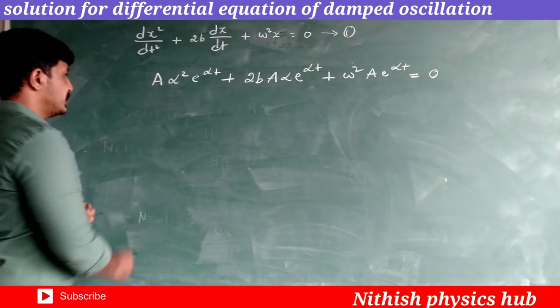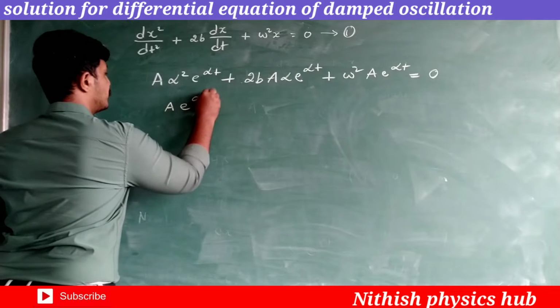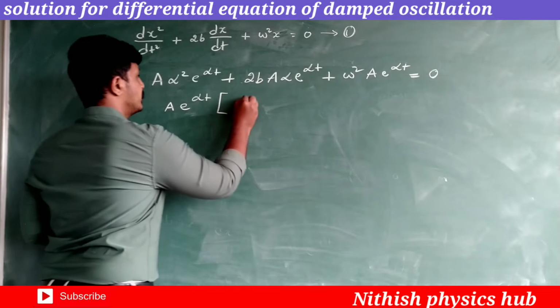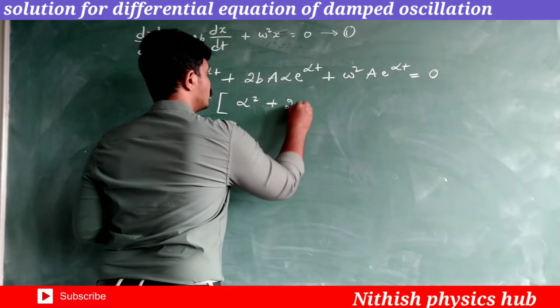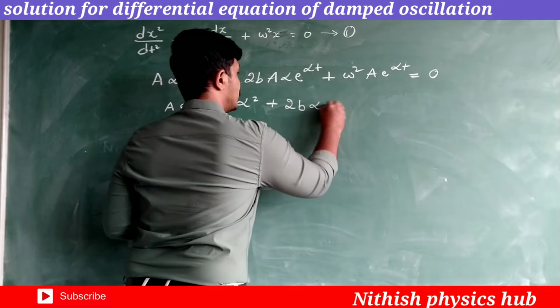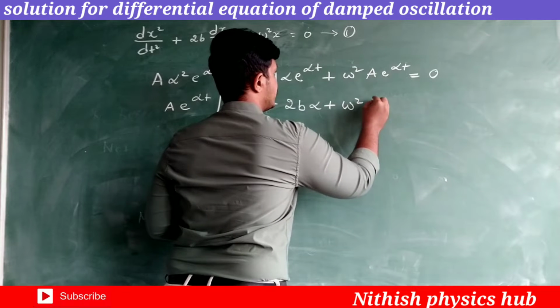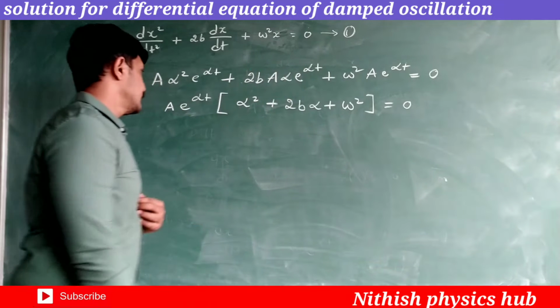I can take A e to the alpha t as a common term. The remaining term inside the bracket will be alpha square plus 2b alpha plus omega square.